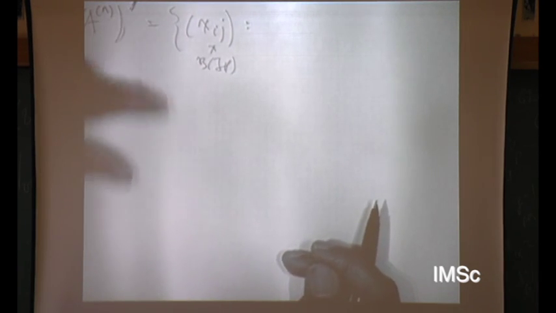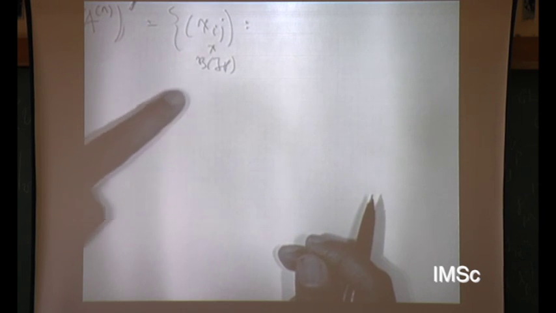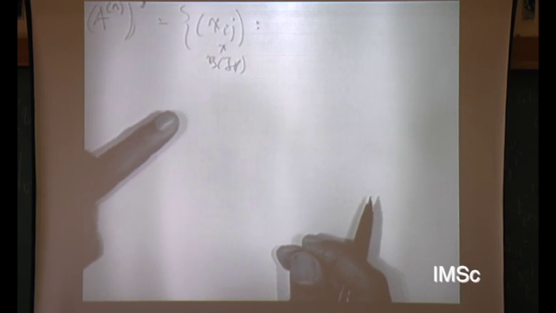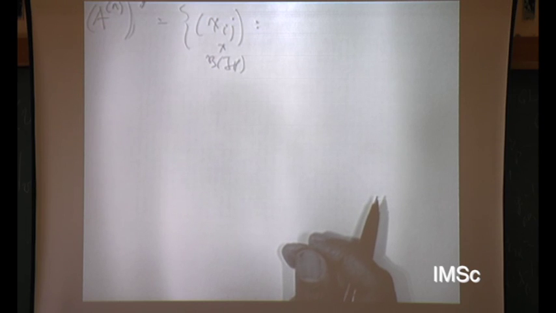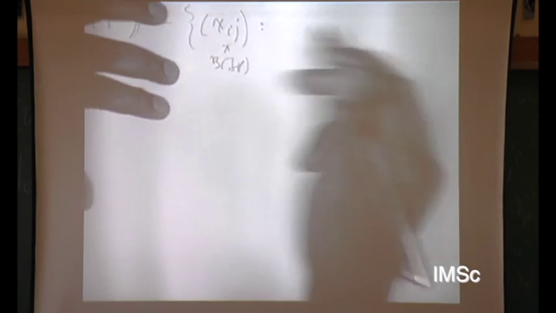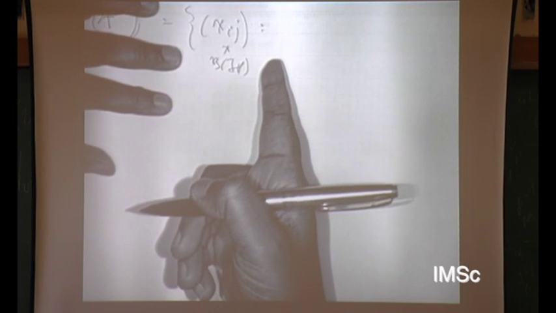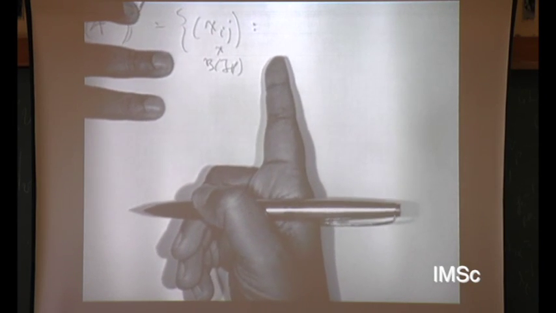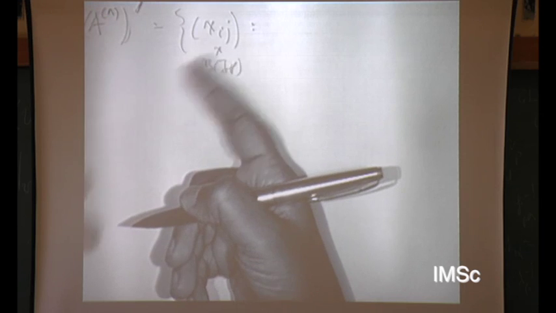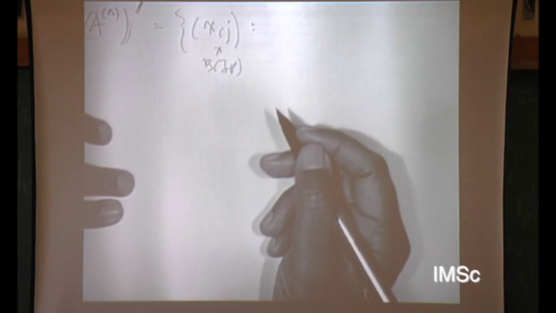So what is multiplying it on the left by A to the n, what will it give me? The matrix with entry A Xij. So what is the equation that I have? When will an Xij satisfy that condition?